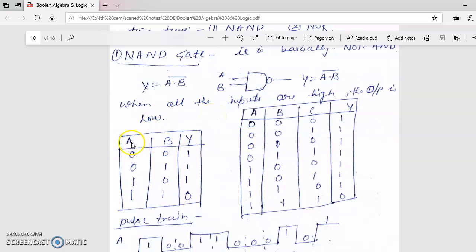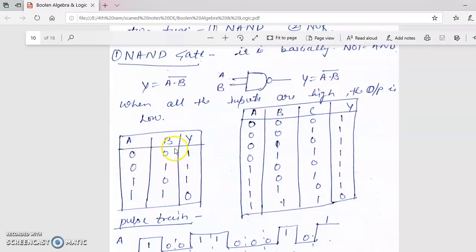Now we construct the truth table. This is the inputs A and B, and the output is Y. With two inputs, four combinations of input are possible. The first combination is 0 and 0. It means when inputs A and B applied to the NAND gate are both 0, then A dot B means 0 dot 0, which is 0, and the bar of 0 is 1, so the output is 1.